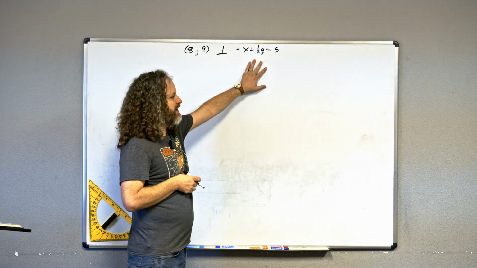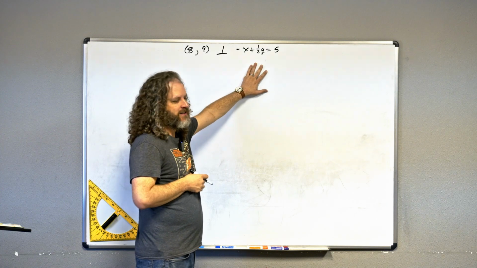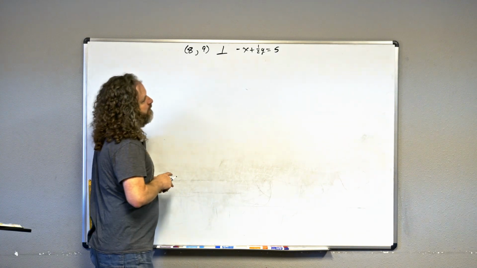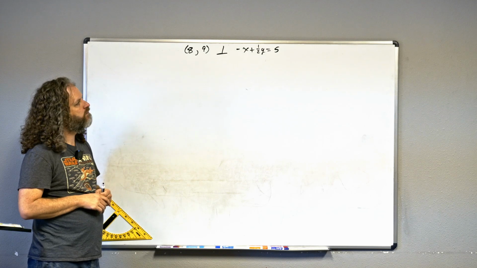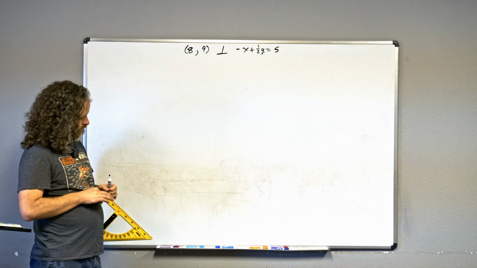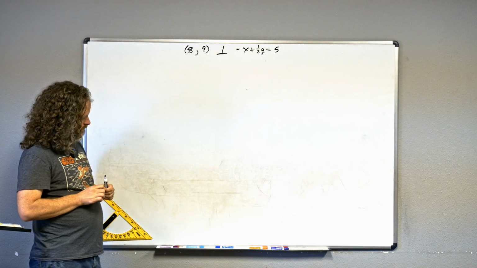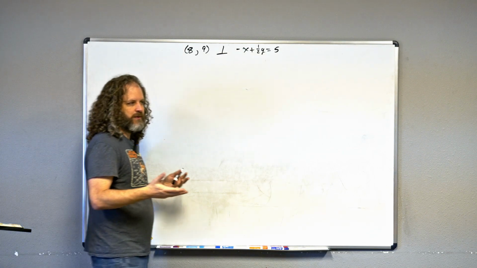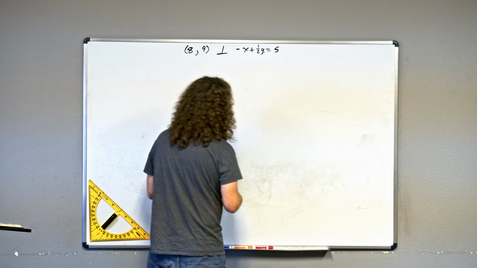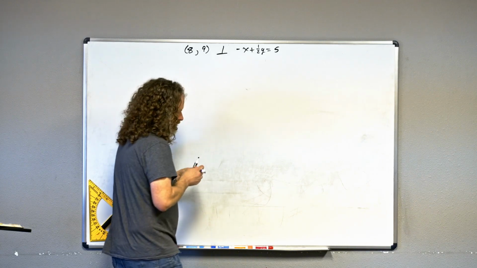We can't do that yet just by looking at it, unless we do a little mental math. So what do we need to do to figure out the slope of that line? Move x over and multiply everything times 2. Yeah, so we're putting it in slope-intercept form, ultimately, right? So how do we move the x over?